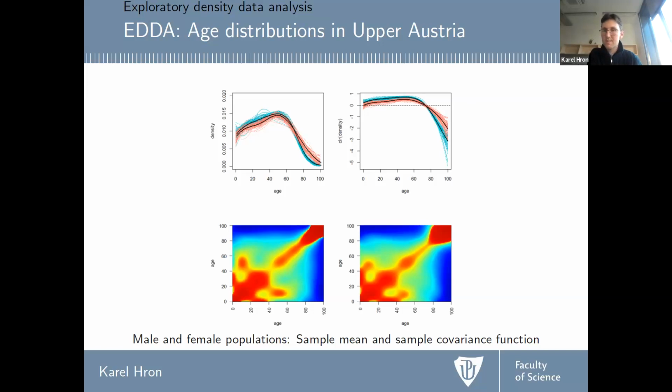In fact, this is information which is quite useful for distinguishing the districts into those with higher life expectancy and vice versa. We can also see that these values of the domain with high age form the main source of variability in the respective covariance function for both males and females.